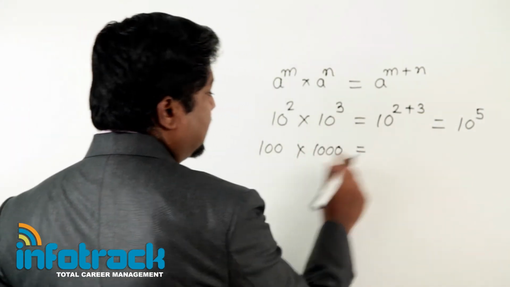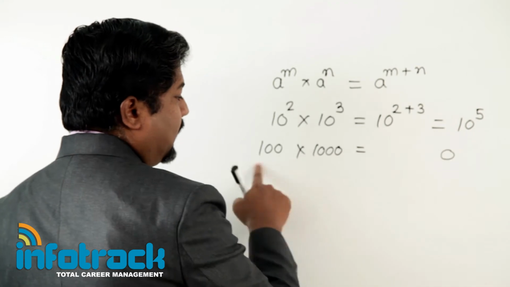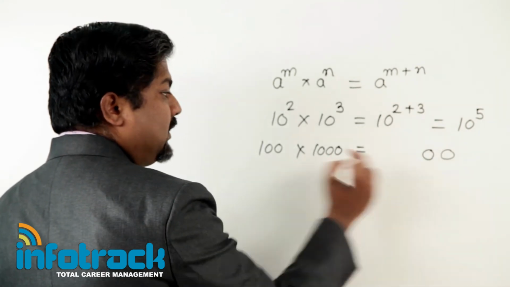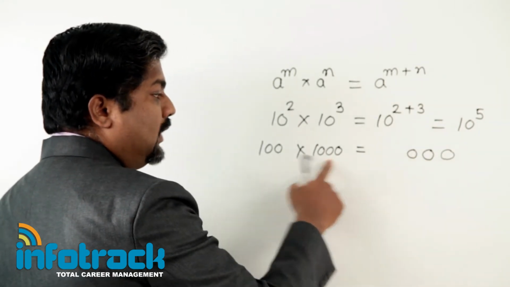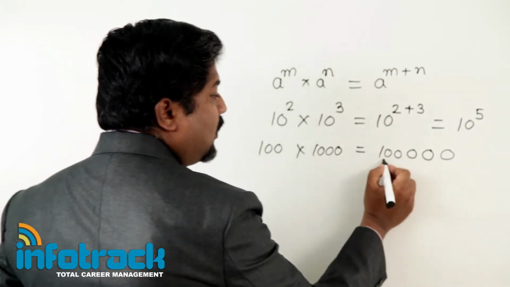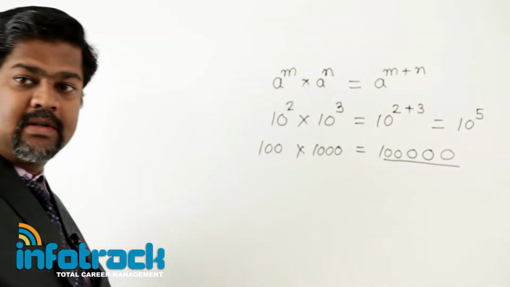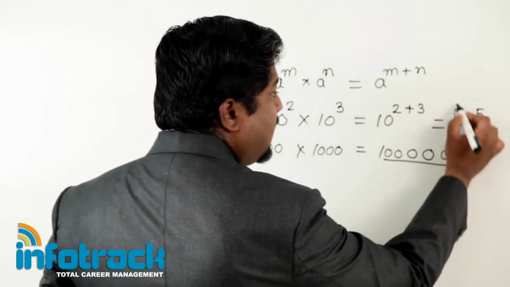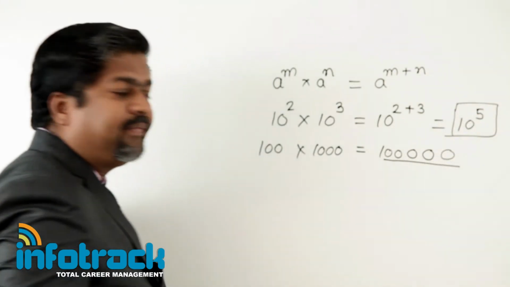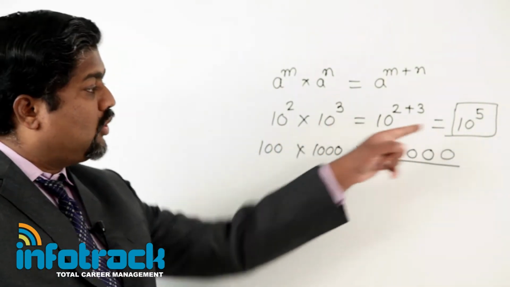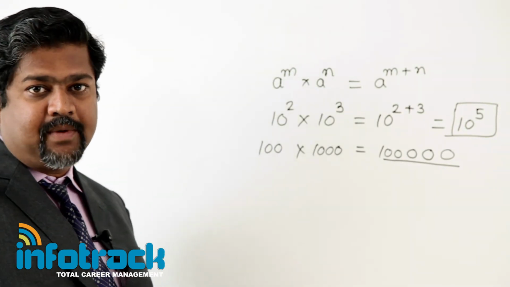Carry out multiplication, 100 into 1000, that is 100000. So how many zeros here? 5 zeros. So the answer is 10 to the power of 5. So this way by using laws of indices we can solve this type of sum.